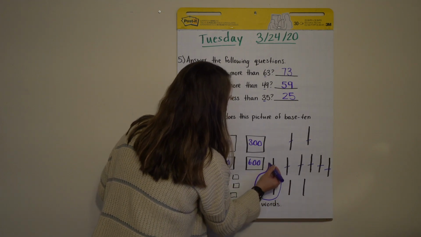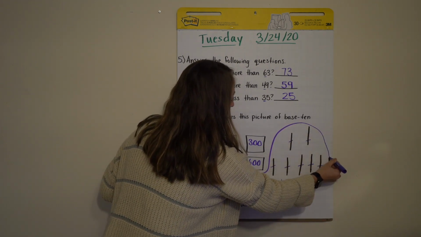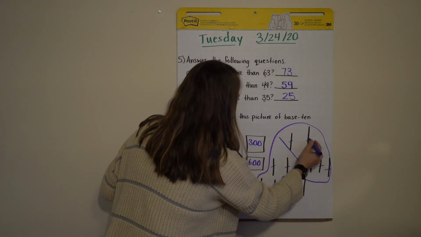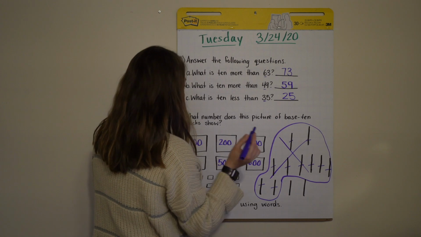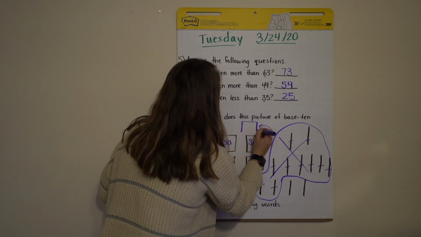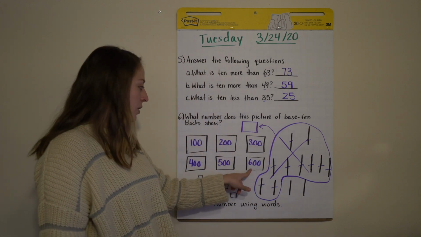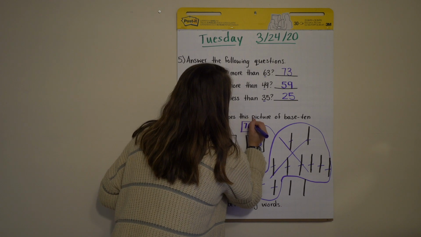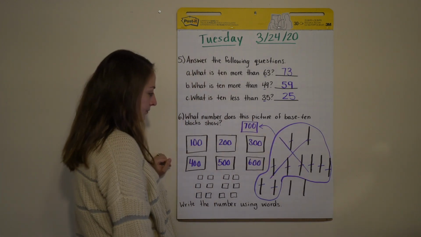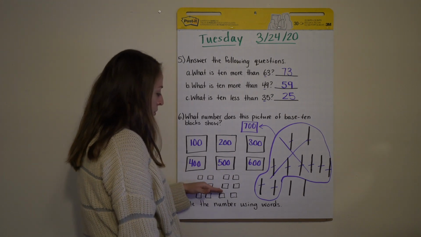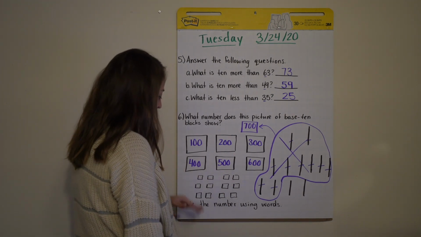I'm not going to circle those. I'm going to cross this out because I no longer have these 10s, and I'm going to make another 100 up here. And since the last number that we wrote was 600, I'm going to write here 700.